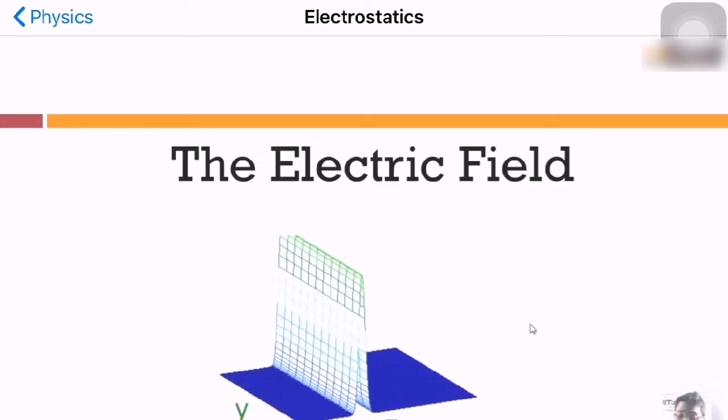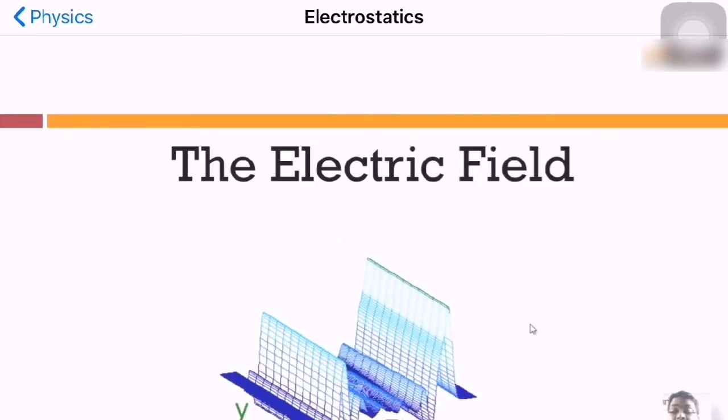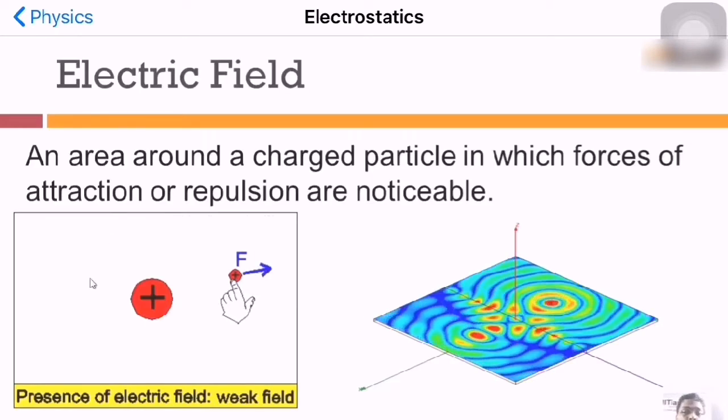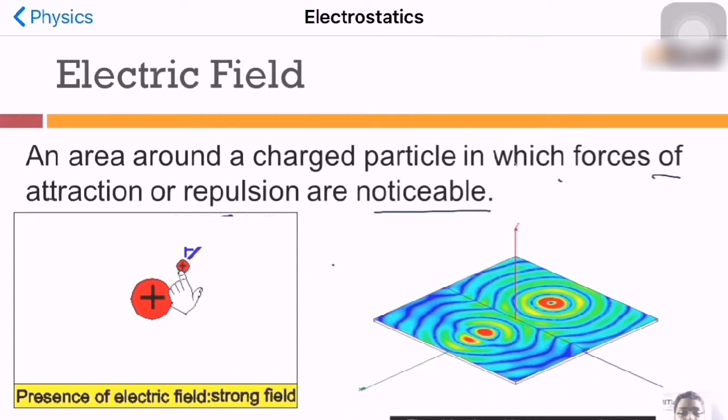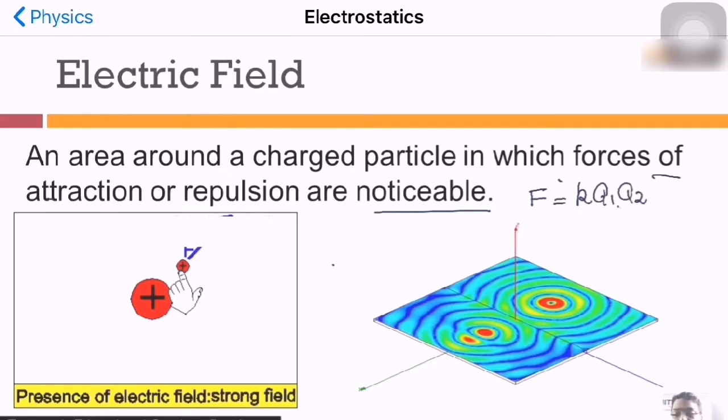So let's try and understand what exactly an electric field stands for. When we talk about an electric field, it is the area around a charged particle in which the forces of attraction or repulsion are noticeable. For instance, if you remember in Coulomb's law, we said that the force is equal to K Q1 Q2 upon R square.